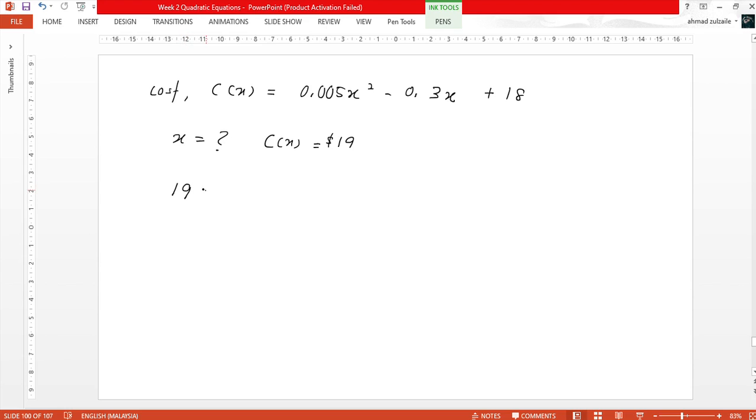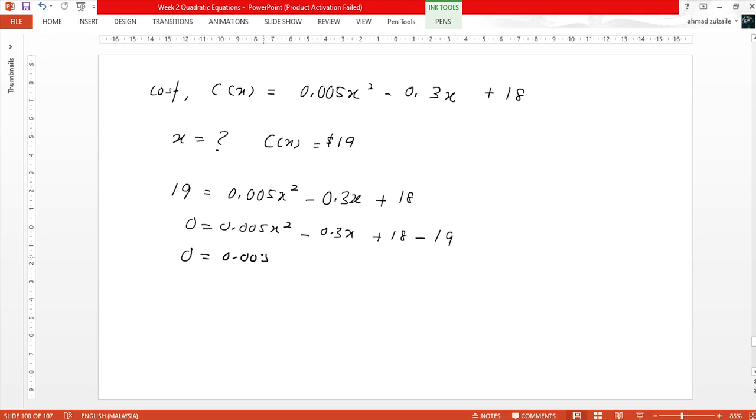Definitely we're going to equate this $19 to the equation of the cost. So 0.005x squared minus 0.3x plus 18 minus 19. So therefore you have 0.005x squared minus 0.3x minus 1.